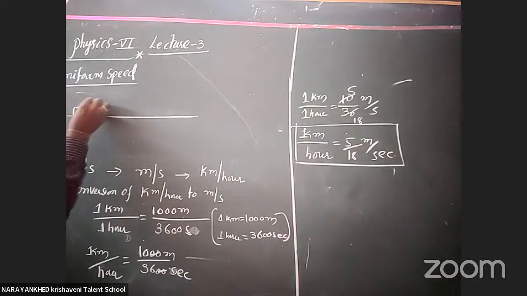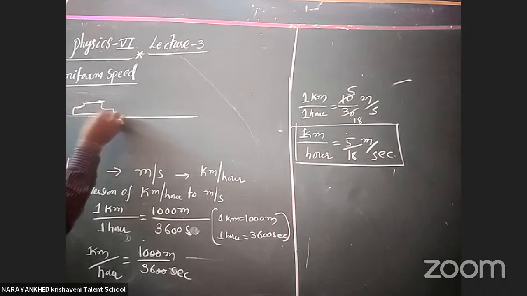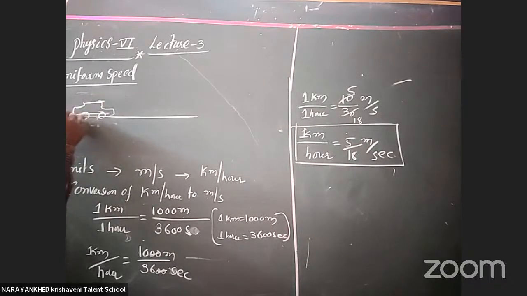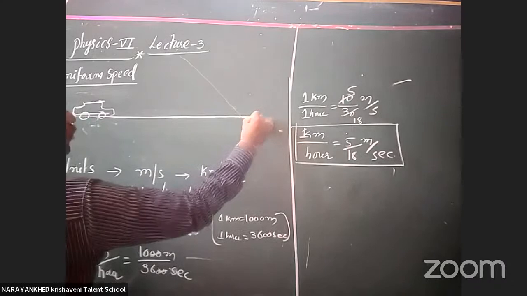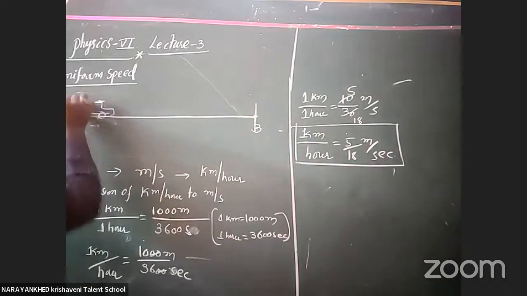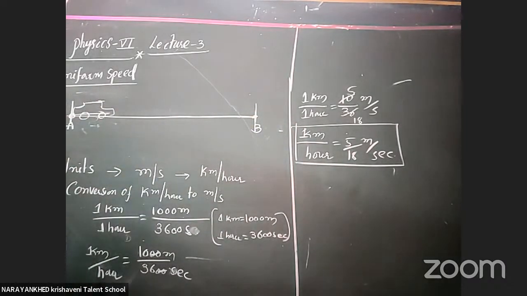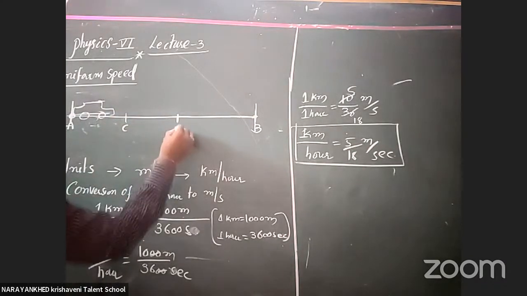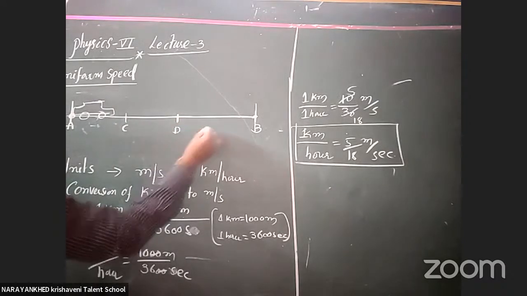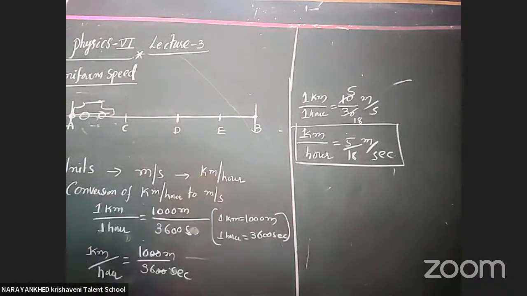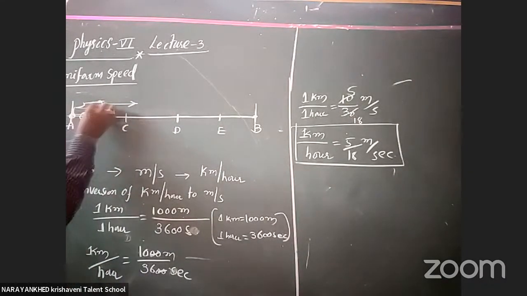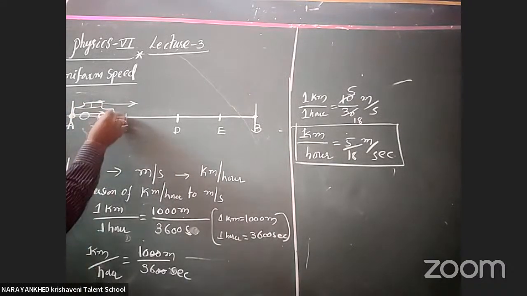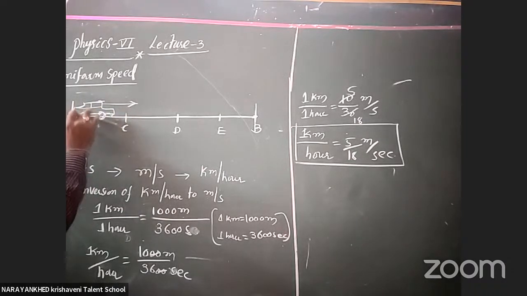One car is traveling from point A to point B, passing through intermediate points like C, D and E. It is traveling in this particular direction. Got it?